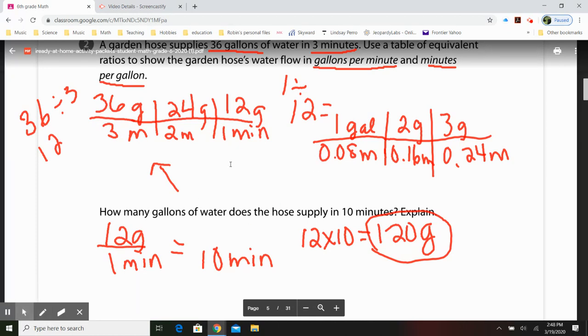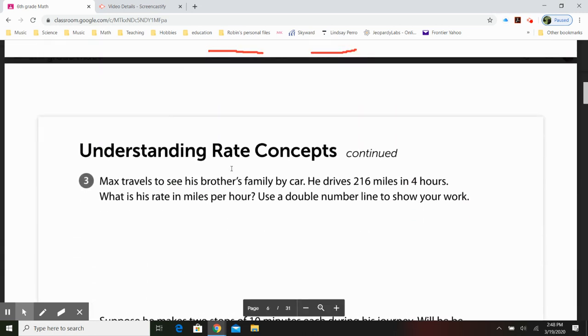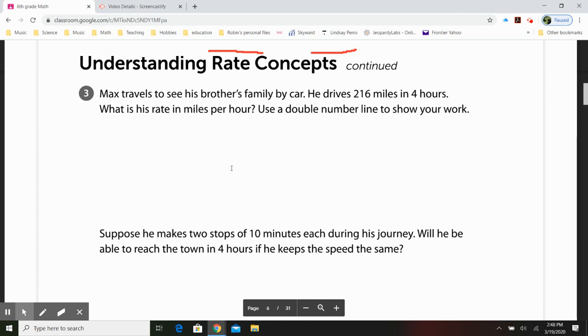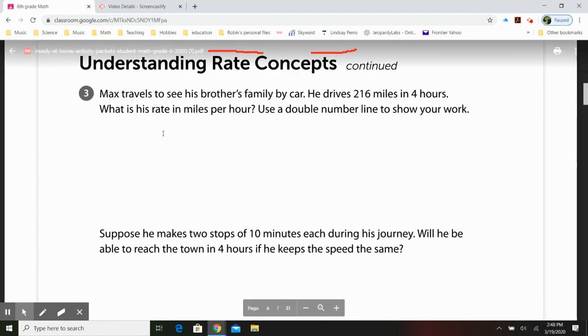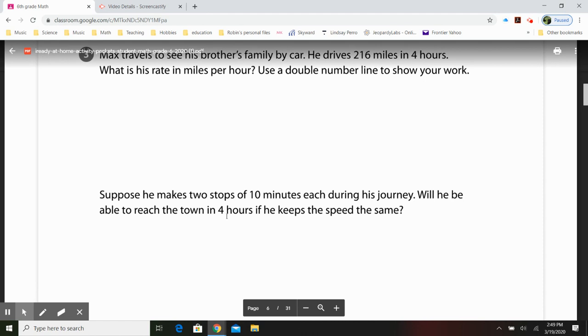Okay, on the back side of this page is the third question for this lesson. I don't know how I've got that line up there. I need to erase that. Okay, so for number 3, Max travels to see his brother's family by car.